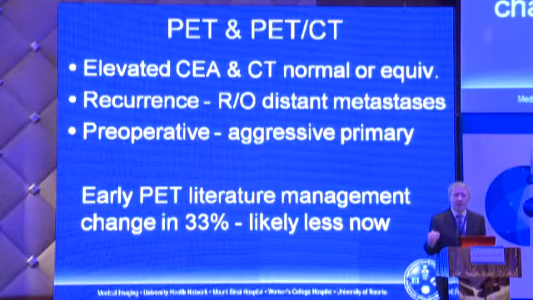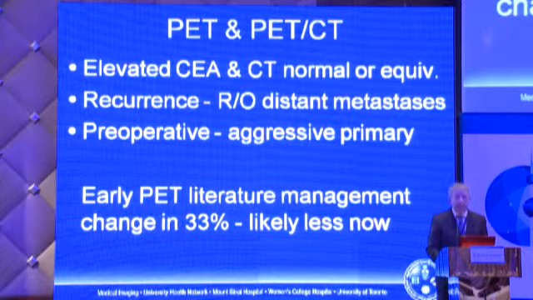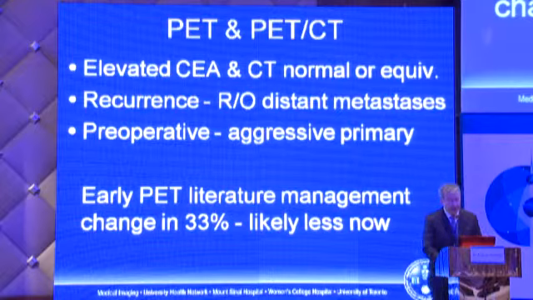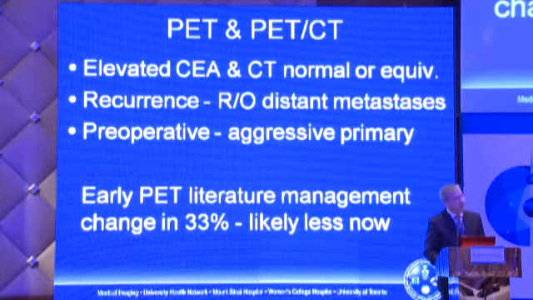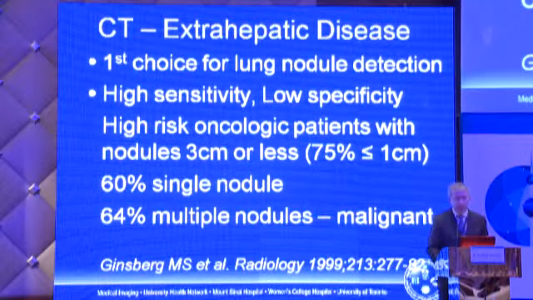Our surgeons will often order a PET scan in an effort to rule out more distant metastases that aren't obvious on CT. Or if you have a very aggressive primary at the time of diagnosis, some surgeons will order a PET-CT. And the early PET literature where PET-CT was performed showed changes in up to 1/3 of patients, but that's probably less today with improvements in standard CT and MR imaging.